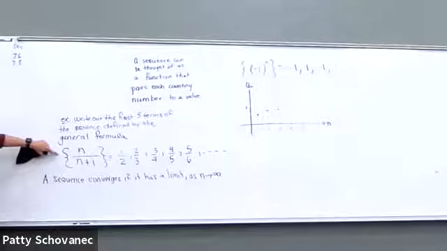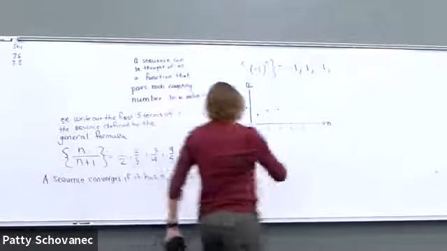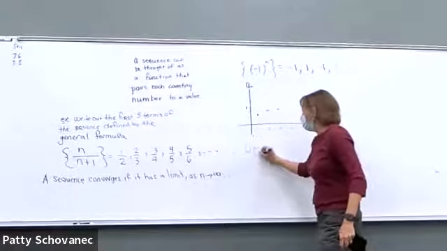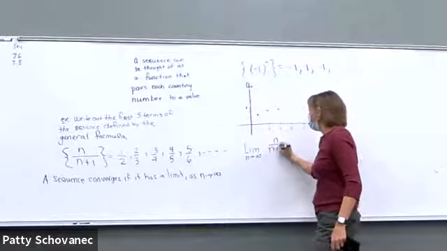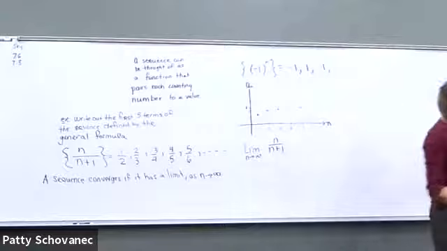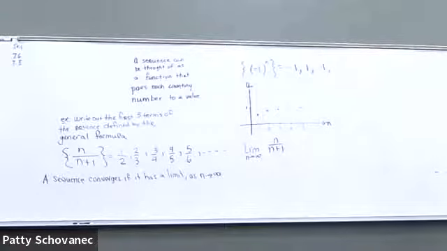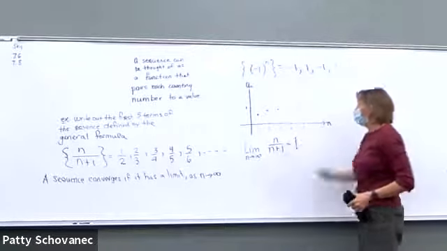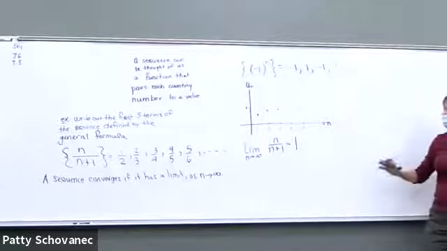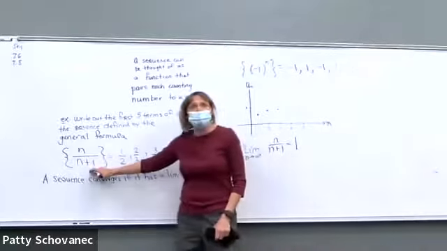So we can see, if I take the limit of that expression, the limit as n goes to infinity of n over n plus 1. Remember what we talked about? If the degree on top is the same as the degree on the bottom, the limit is the ratio of the coefficients. The ratio of the coefficients of the n would give me 1 over 1. Or if you did L'Hopital's rule, you'd still get 1. So this is an example of a sequence that converges.